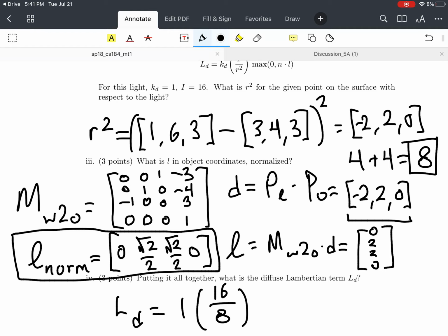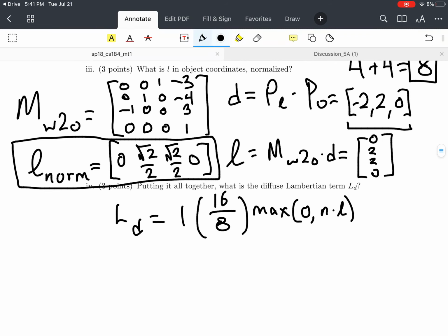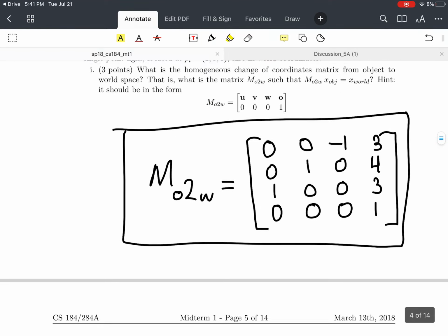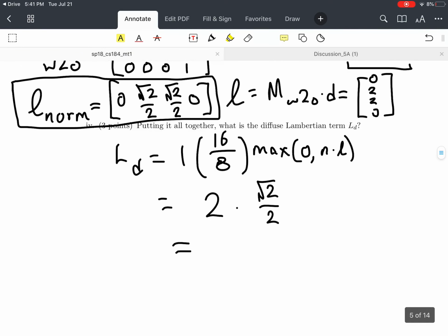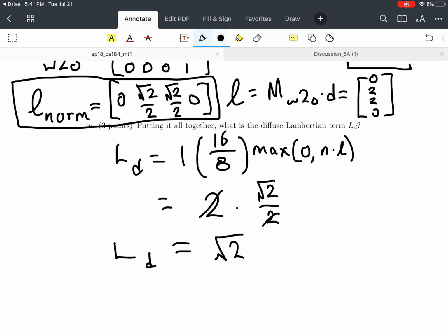And then the max of 0, comma, n dot L. Okay, and so then we're going to go, it's 2 times root 2 over 2, right? Because we can come over here and find the normal. And so we're going to get that, root 2 over 2. And so if we multiply this out, these cancel, and it's root 2. So LD is root 2.